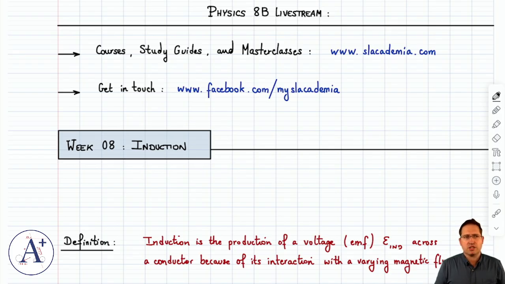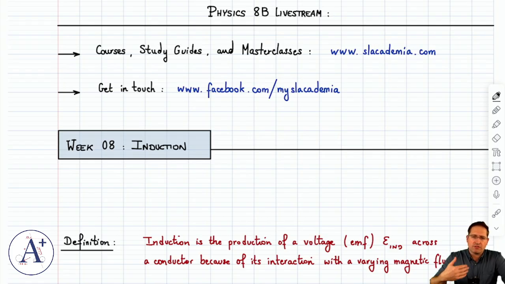Lenz's law is very easy to apply to find I induced in direction, but to find I induced in magnitude, we'll actually have to first apply Faraday's law and then use either the loop law or Ohm's law. And so the goal today is going to be to go over two classic types of problems in induction.